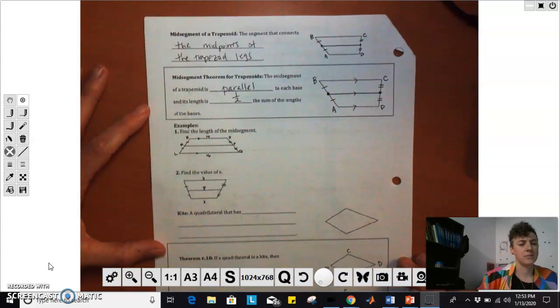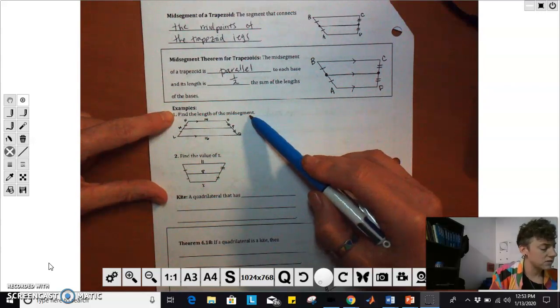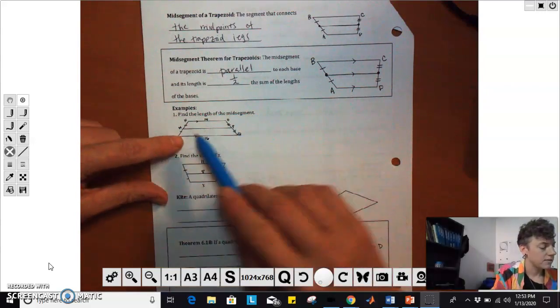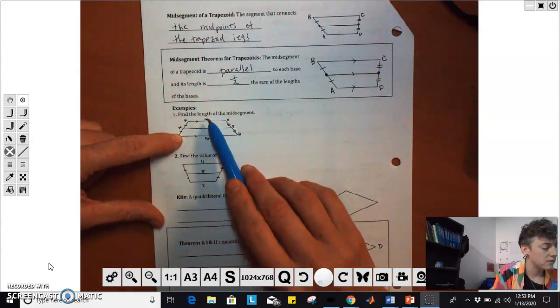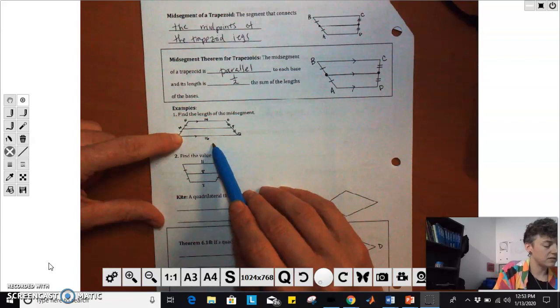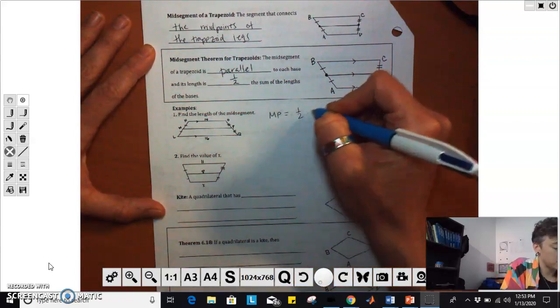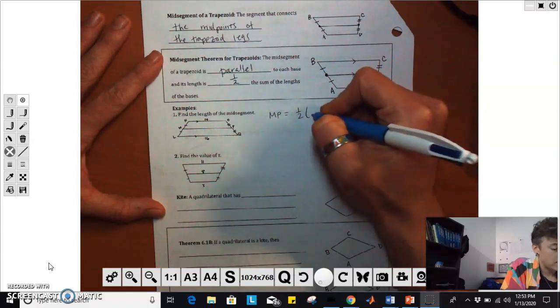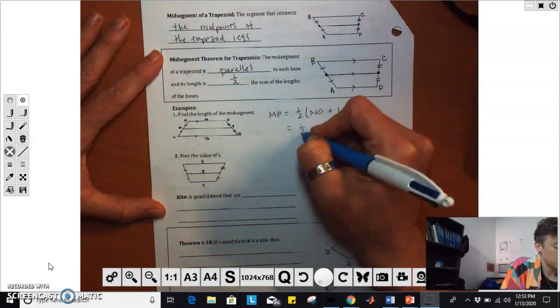So if we look at this example here, find the length of the mid-segment. The length of MP is half the sum of the 2 bases. I'm going to write out what I just said. MP is 1/2 the sum of NO plus LQ. Some of you already figured this out.